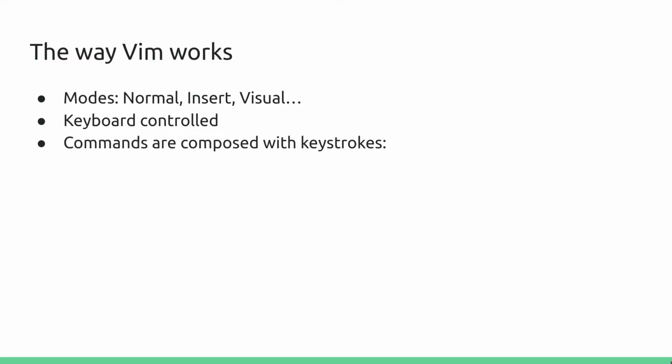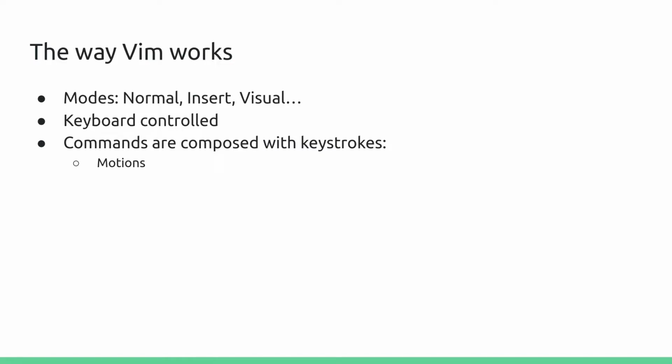And the commands that you use to edit text in Vim are actually composed of keystrokes. A command is not just a keyword followed by maybe some arguments, but it is rather a collection of different kinds of keystrokes. For example, you have some keystrokes that represent motions, which will move your cursor somewhere. For example, the W key will move you forward one word.